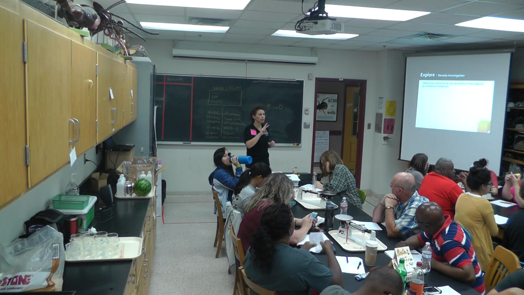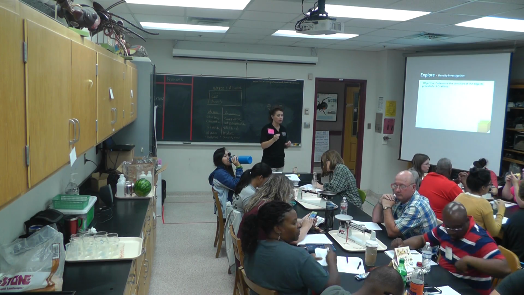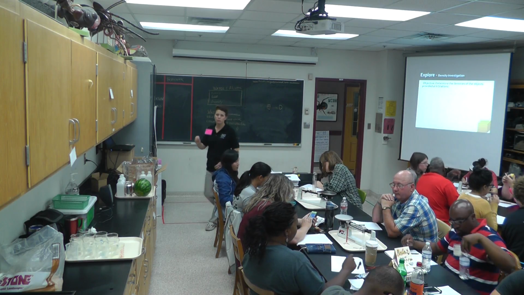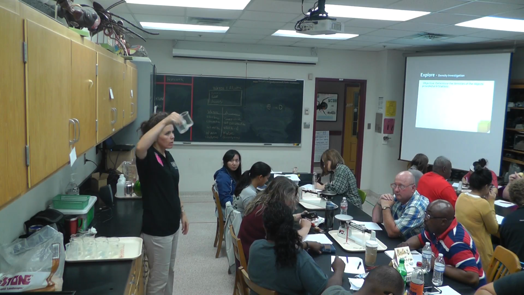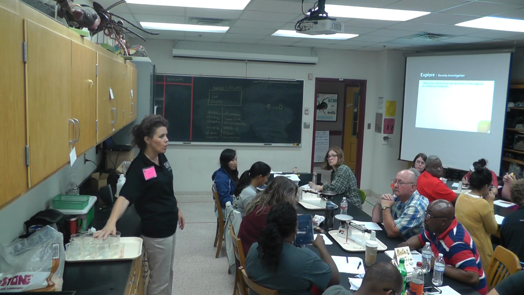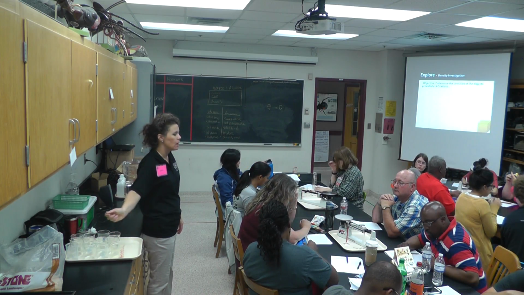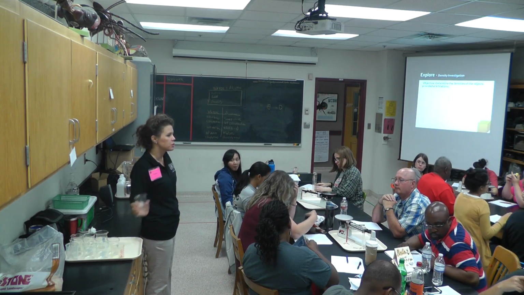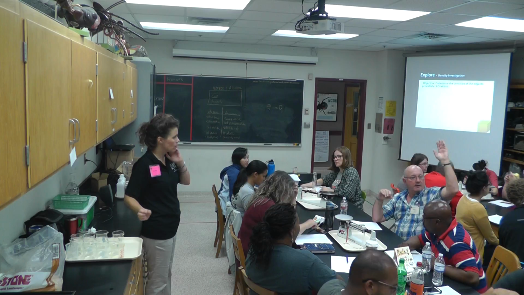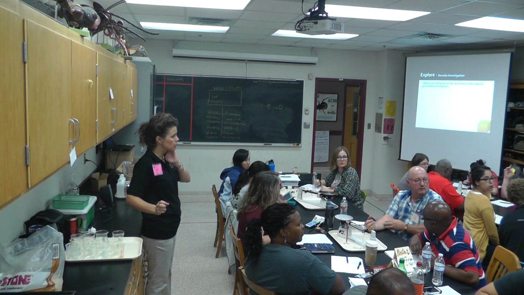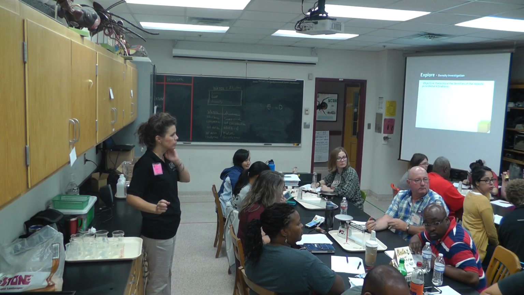There should be 2 beakers at each station, right? So get the water in one of these beakers, and then just keep this as your water receptacle at each station. Is there anybody that has never done the water displacement method of finding the volume of an object?